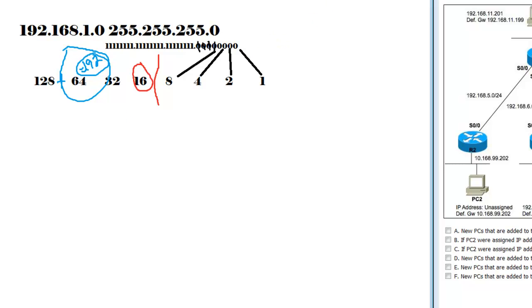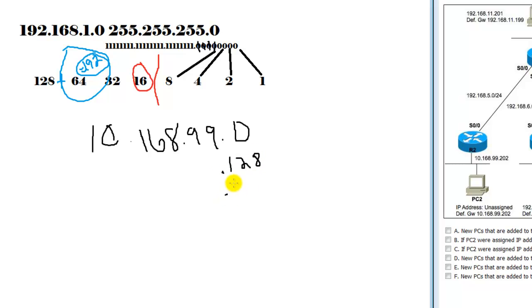So you would be looking at what's their IP? 10.168.99.0, and then this network would be 128, and then 128 plus 128 is 256. And you can't use this network, which goes to 127. So it's 127 hosts you lose from that command.